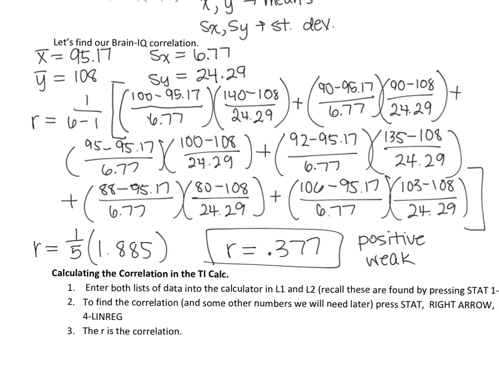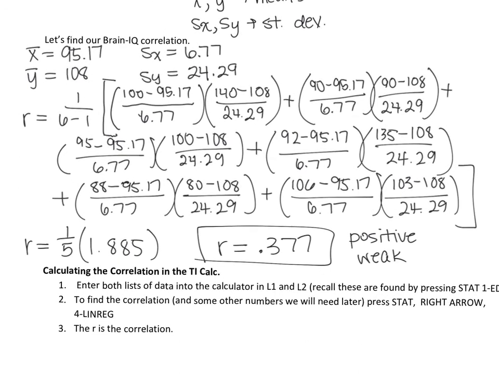Now, if we had to calculate correlation by hand every time, it would be very time consuming, and we don't have the time for that. So what we can actually do is use our graphing calculator. That's what this last part is, calculating the correlation in your TI calculator.